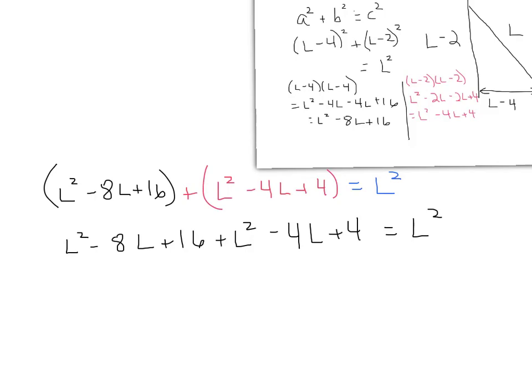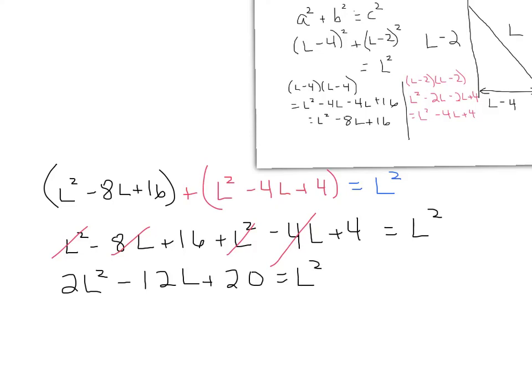So let's combine like terms. L² + L² is 2L². Minus 8L minus 4L is minus 12L. And let's cross out what we've used. So what's left? What's left is 16 plus 4 is 20.